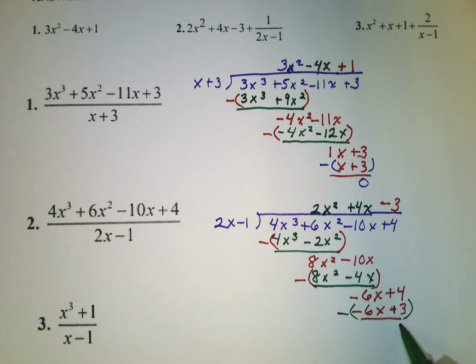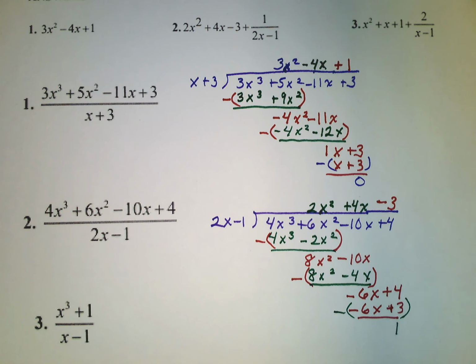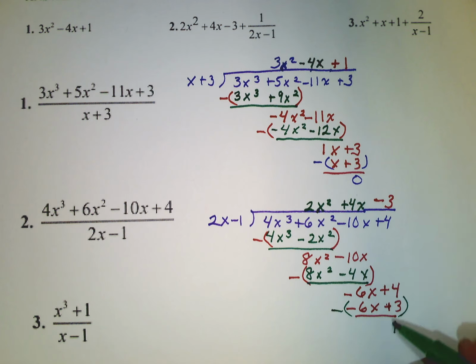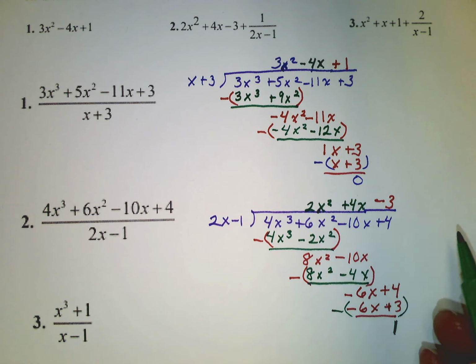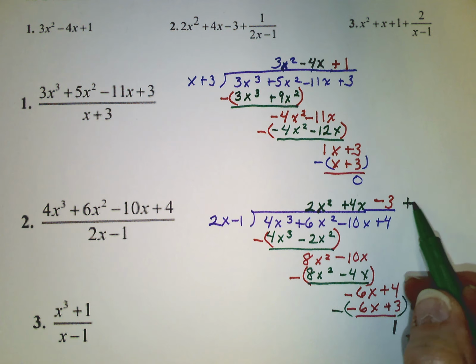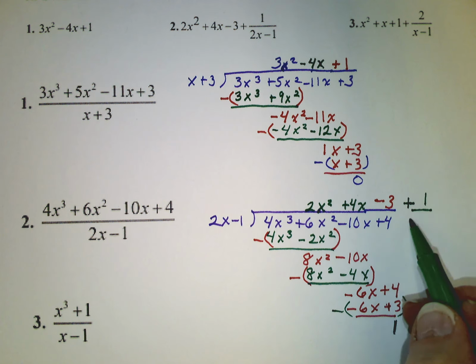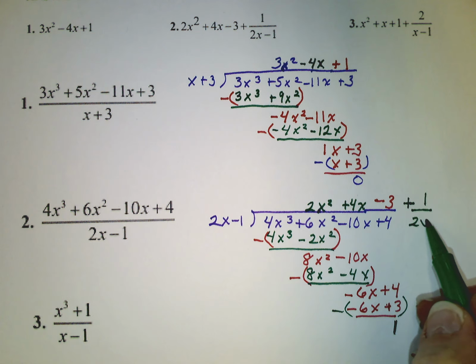And 4 minus 3 is a 1. It almost came out evenly. If this had only been a 3 on the end, it would be a factor, but it's not. There's a little something left over. This is not a factor. We have a remainder of 1, which we're going to write over what we're dividing by.